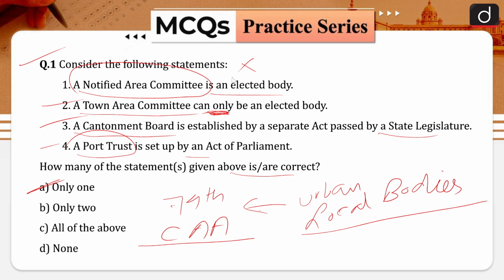Firstly, a fast developing town due to industrialization, and secondly, a town not yet developed to fulfill all the conditions to create a municipality but is considered important by the state government. Though its powers are equivalent to those of the municipality, but unlike the municipality, a notified area committee is an entirely nominated body.